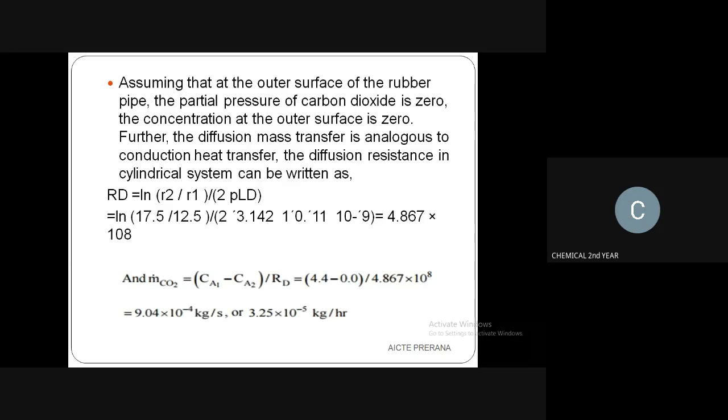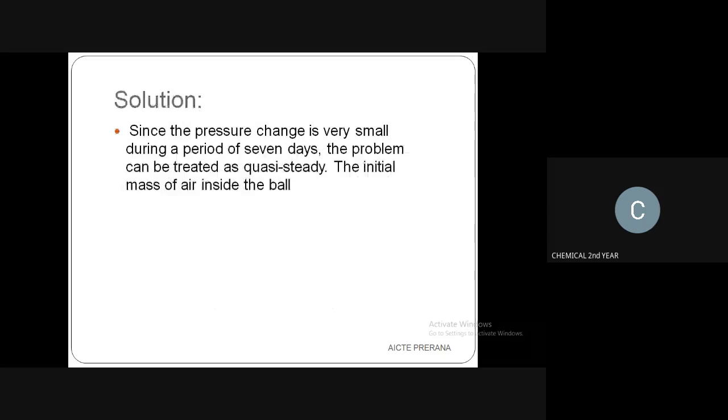Heat transfer and mass transfer come under transport phenomena. This is the main subject. All the best, and do well.